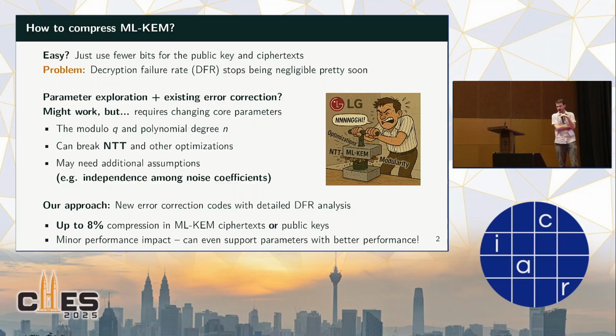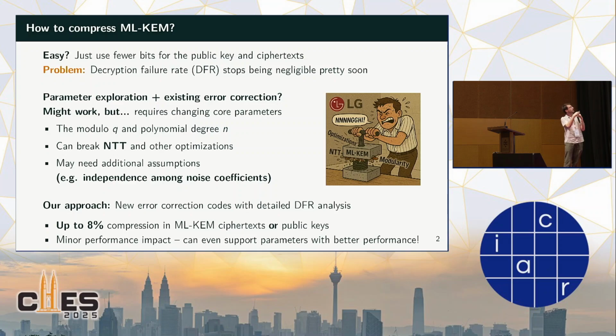Initially, we started using some parameter exploration and trying to use some existing error correction codes, such as binary codes or lattice codes, and they actually work. We were able to see some improvements on the overall Kyber or ML-KEM size, but that required changing core parameters.